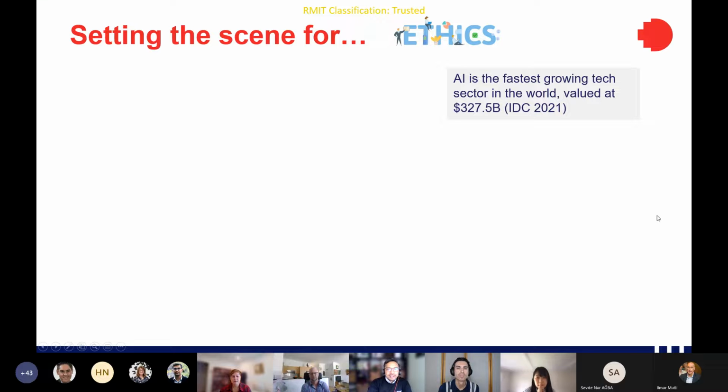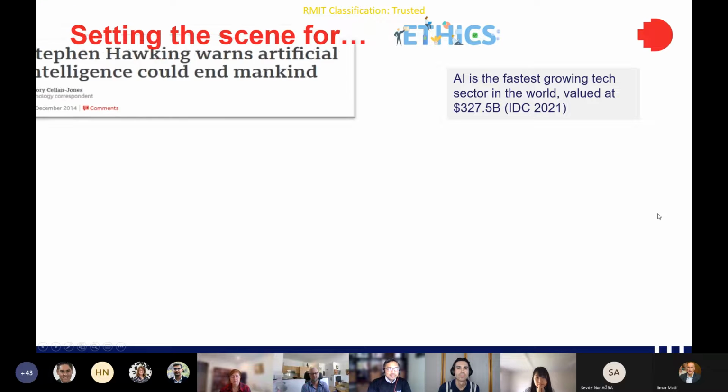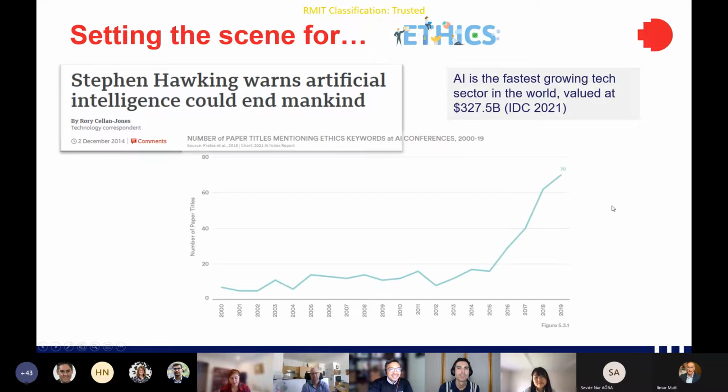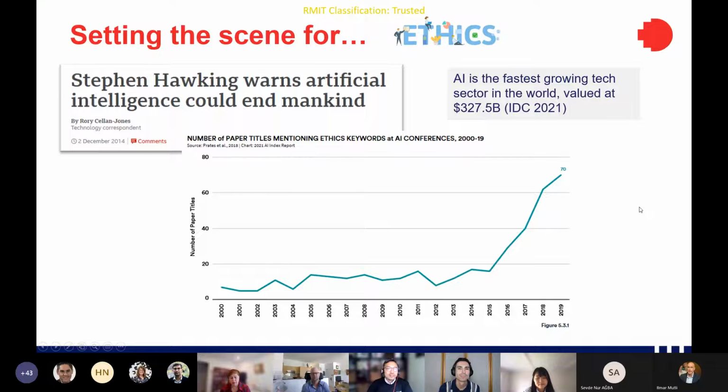Another thought starter, and probably quick clickbait: Stephen Hawking has said that AI could end mankind. Probably a bit sensationalist, but nevertheless some truth in that. And in a Stanford University report called the AI Index, we see that the number of academic papers mentioning the word ethics has seen a dramatic increase in the last 5 years.